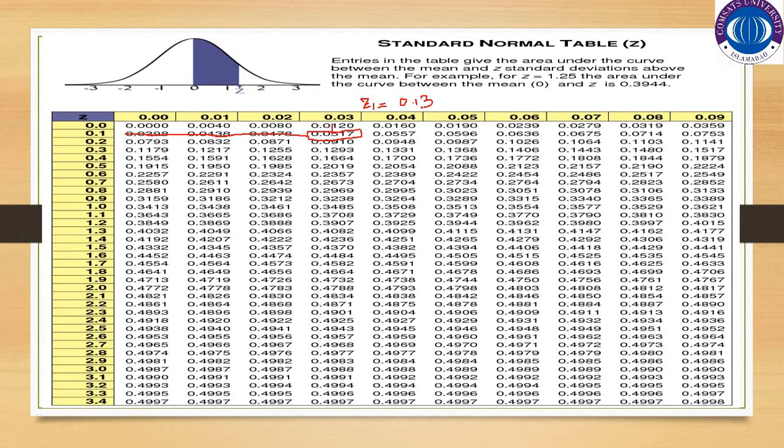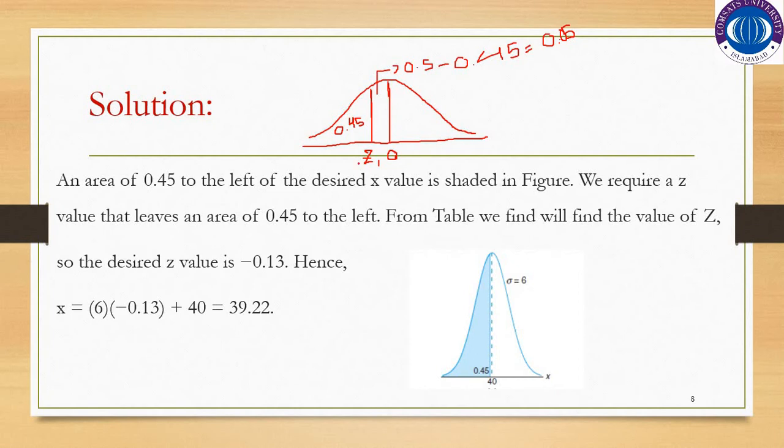So this is the reverse use of the standard normal table. So this value of Z1 is 0.13, but as you know, this is the axis for the random variable Z.